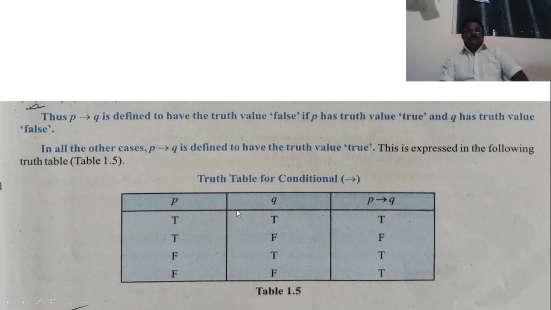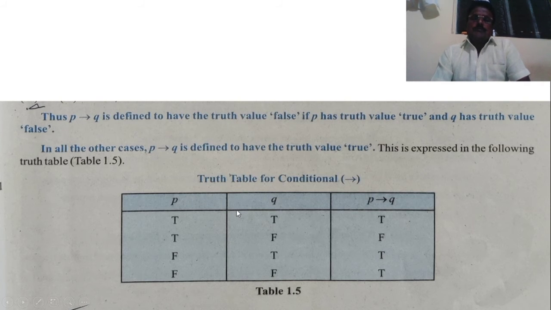In the P column we write T, T, F, F, and in the Q column T, F, T, F, similar to the conjunction and disjunction tables. Of this type, we write the conditional statement for the columns P and Q.